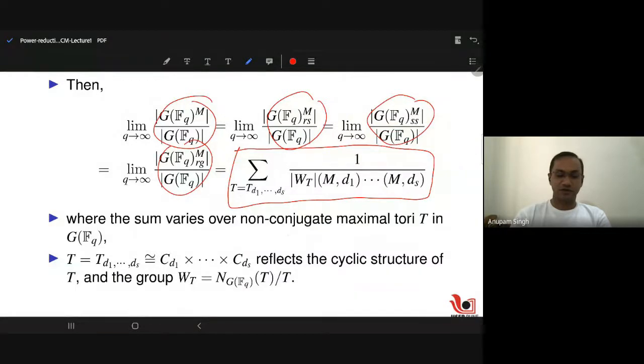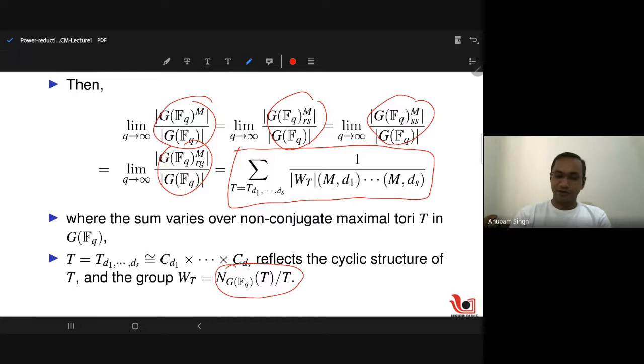The sum varies over non-conjugate maximal tori T in the group G(F_q) where we are working, and in the denominator I have W_T. So W_T refers to the Weyl group of that maximal torus, which simply means that you look at the normalizer of T in G(F_q) mod T. We've already seen that this can also be calculated by going to the algebraically closed field and taking the Frobenius fixed points and things like that. So we know all that kind of stuff. So it makes sense here, whatever I have written.